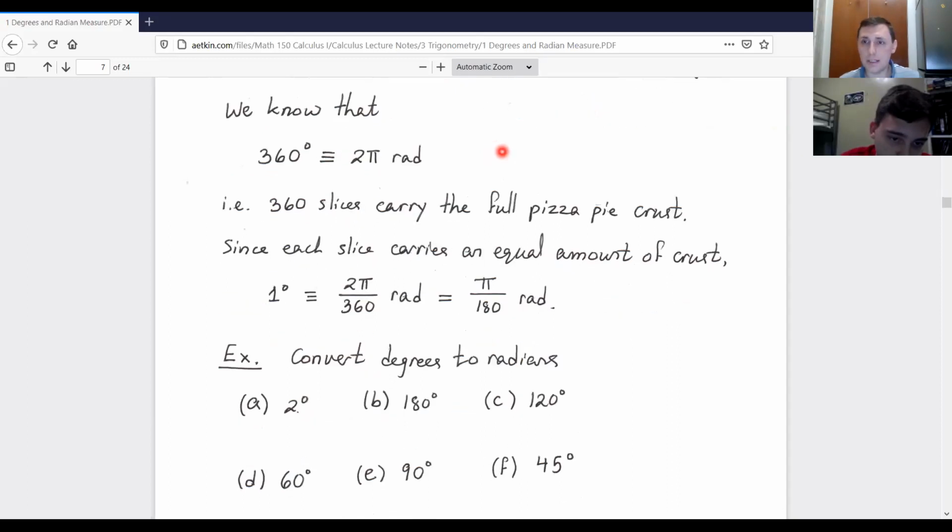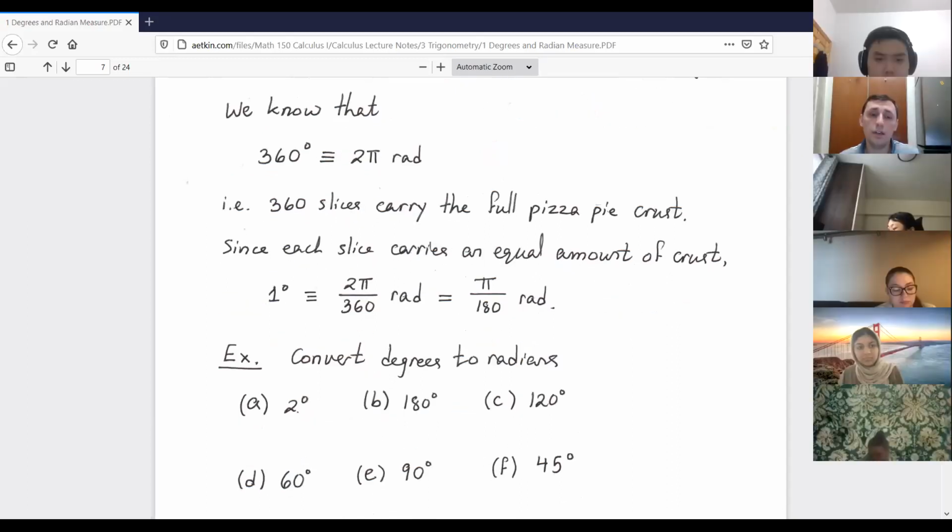Do you understand, guys, that pi is not 180? It's just like saying 1 kilometer is 1,000 meters. It means that each kilometer contains 1,000 meters. So each degree, each 1 Babylonian slice contains a crust that is pi over 180 radius lengths.